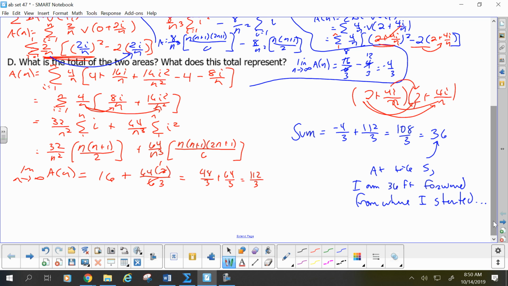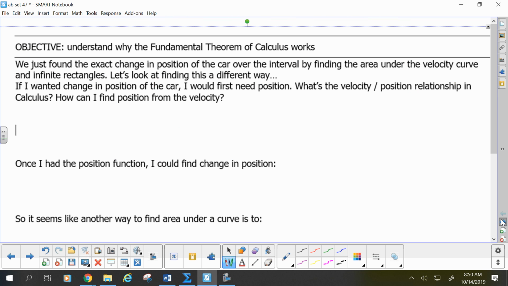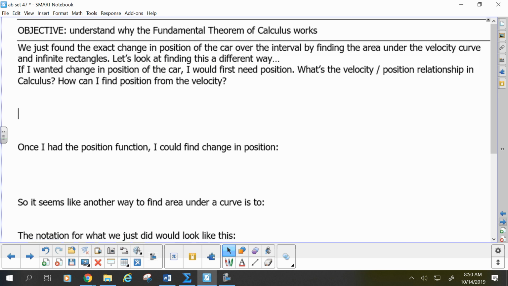But then, with the invention of the calculus, it wasn't too much longer that somebody said, now wait a second here. Newton's idea of derivatives can be applied here maybe. Let's talk about this. I wanted change, we just found change in position or displacement, yeah? I totaled out forward movement and backward movement to get change in position or displacement.